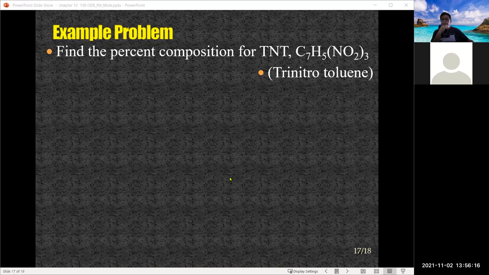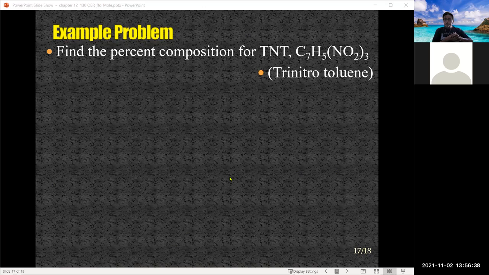That sound familiar? Nobel. Yeah, Nobel was a chemist and he was the one who synthesized TNT, which is quite impressive because to make it is quite challenging and quite dangerous.